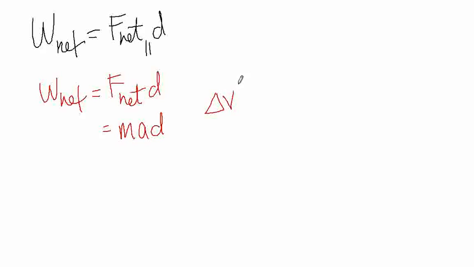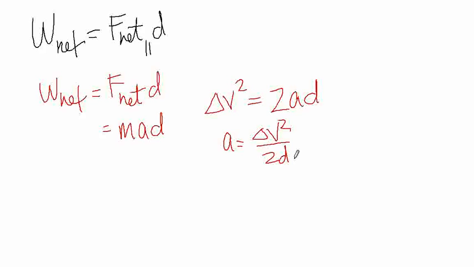We know that for a constant acceleration, we have the kinematic equation that the change in the square of the velocity is 2 times the acceleration times the displacement, which in this case is d. So solving for the acceleration from that kinematic equation, we get delta v squared over 2d, right?